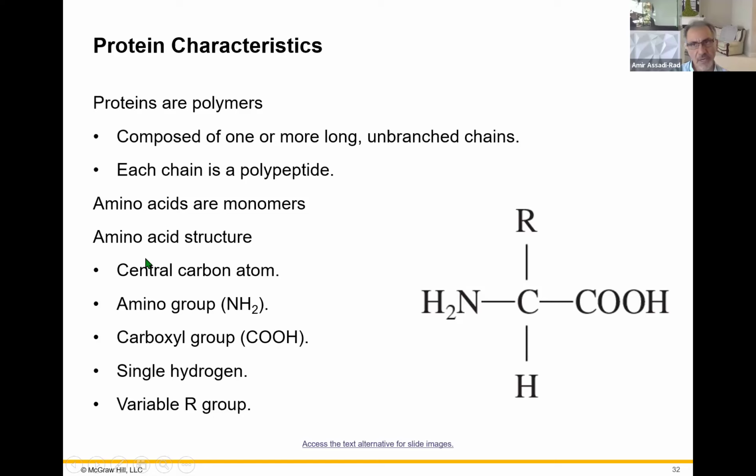You should remember the monomers and polymers. And protein is a polymer. Amino acids: central carbon, amino group, carboxyl group, which is an acid. That's what they call them, amino acid, singular hydrogen, yes, and variable R group, radical group.